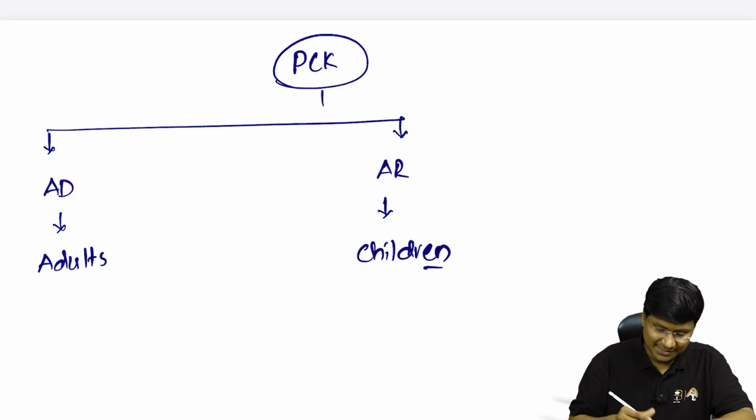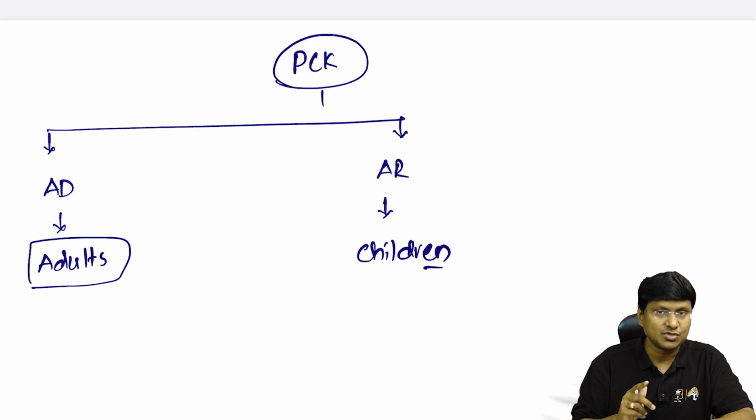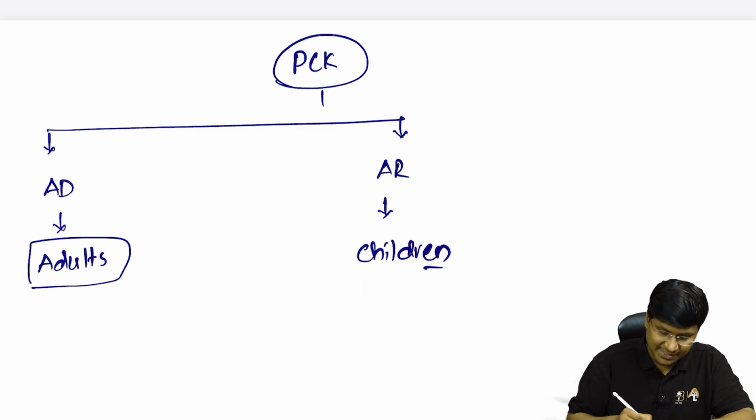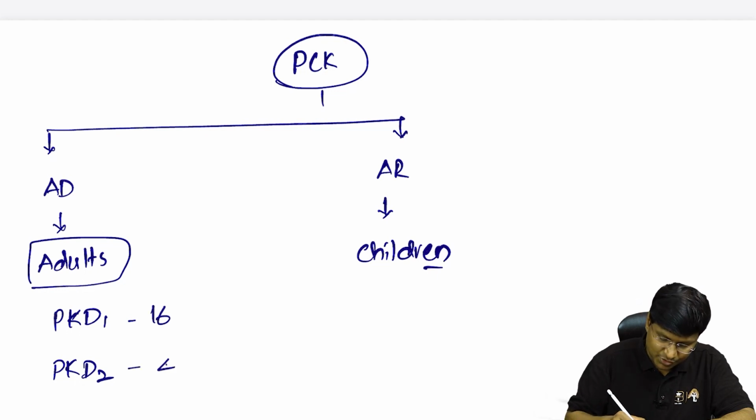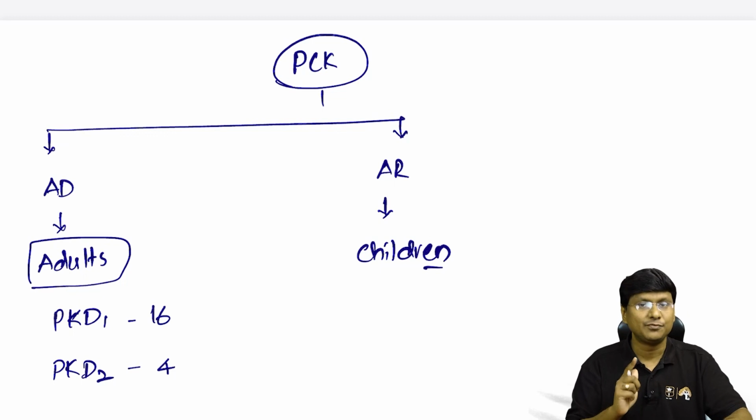If you take the autosomal dominant type of inheritance observed in adults, it is mainly due to gene mutation. And what is the gene that is being mutated? The genes being mutated are PKD1 and PKD2. The PKD1 gene is present on chromosome 16, and the PKD2 gene is present on chromosome 4.